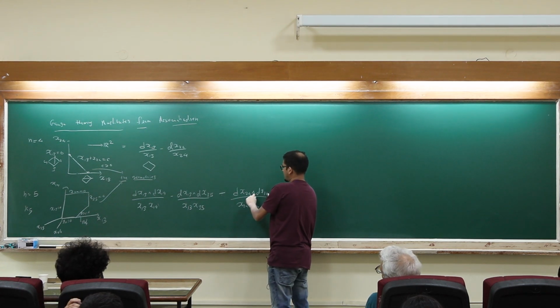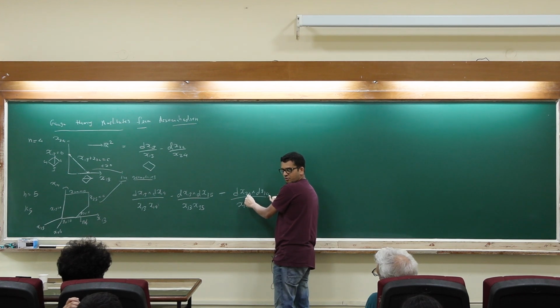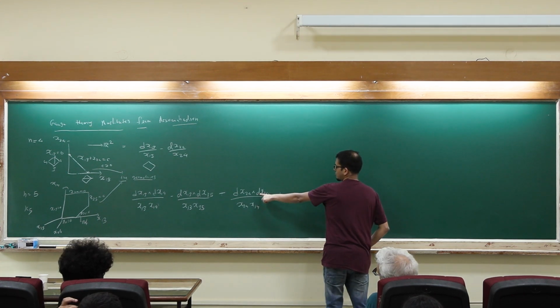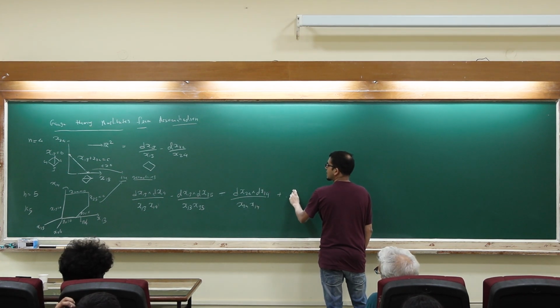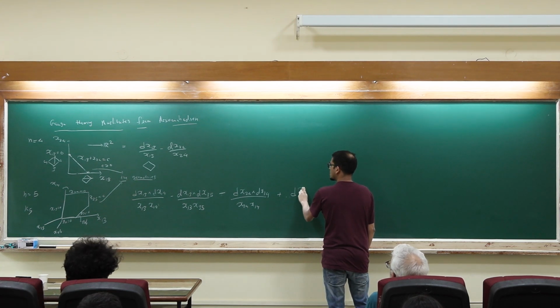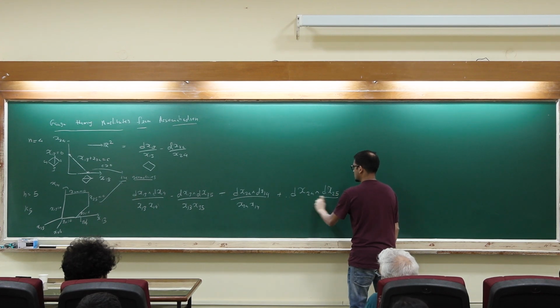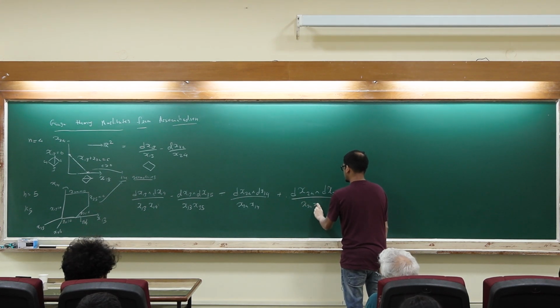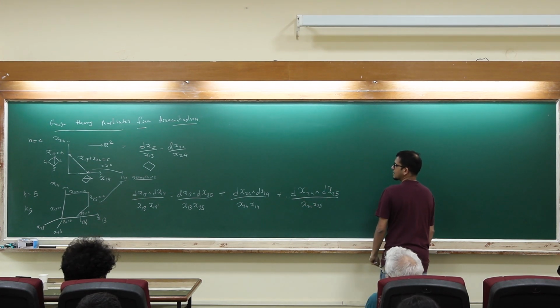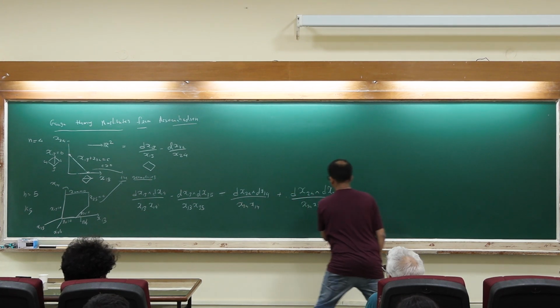Here I kept 2 4 fixed, I flipped 1 3 to 2 4, so the sign changed by 1. If I flip this one another time, okay, so maybe I just write it, then I will get, and then finally this one I could flip.